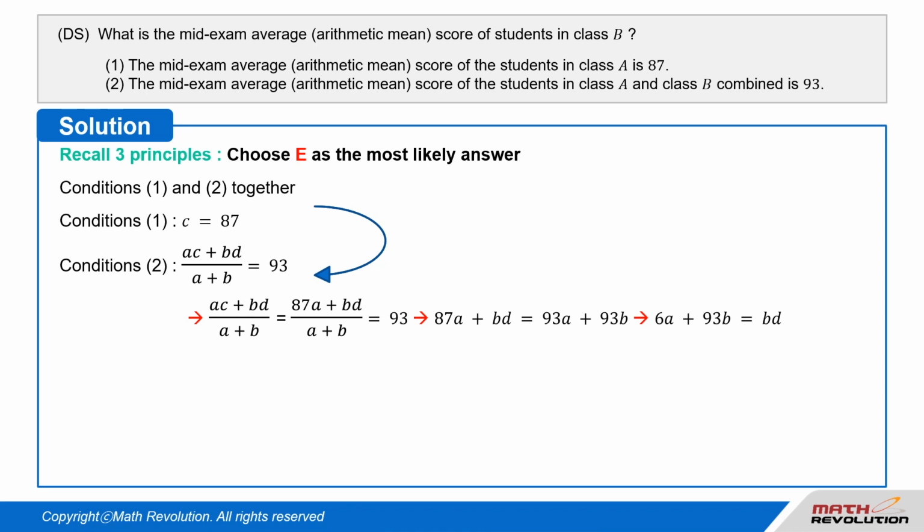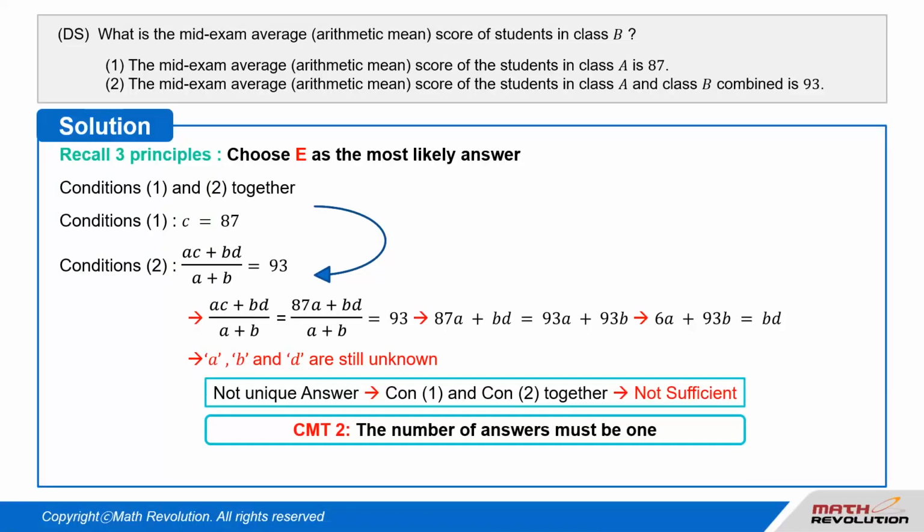That is, 87 times A plus B times D equals 93 times A plus 93 times B, or 6 times A plus 93 times B equals B times D. We cannot figure out the values of A, B, and D. Since there is no unique solution, it's not sufficient by CMT2, which means that the number of answers must be 1. You need to be careful here.